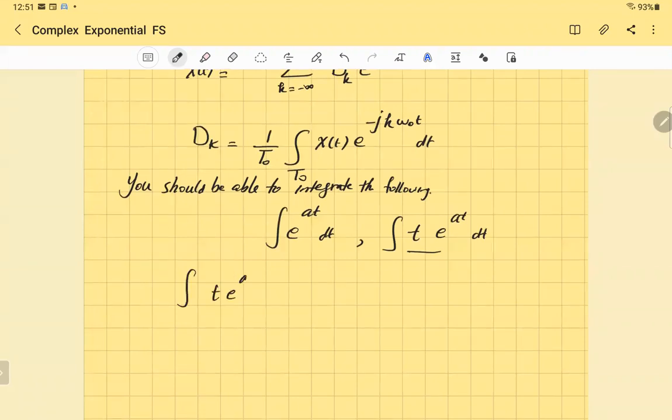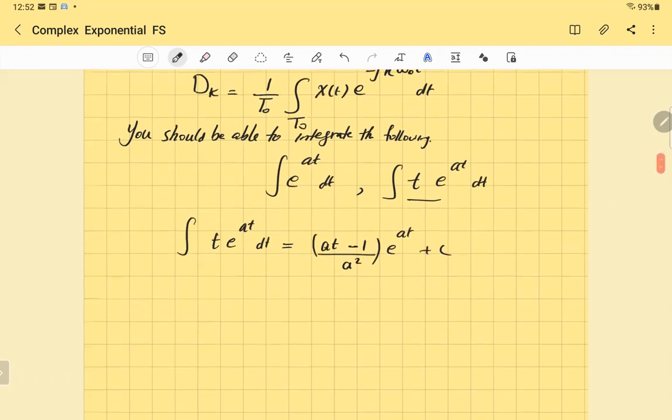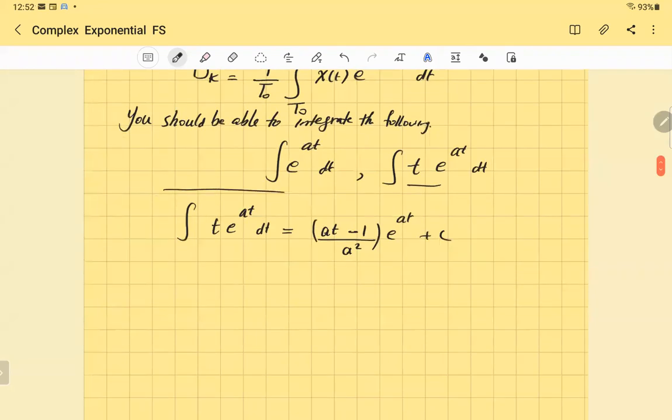There's a formula that I proved earlier. The integral of t e power at dt, and a can be anything, will be equal to (at minus 1) over a squared multiplied by e power at. That's the integration that we're going to use.